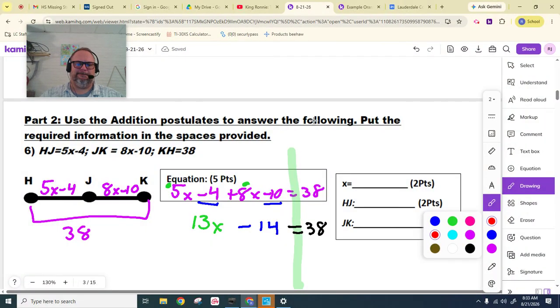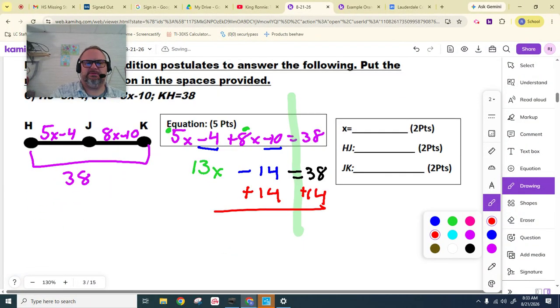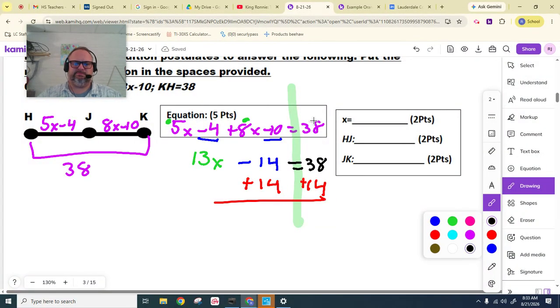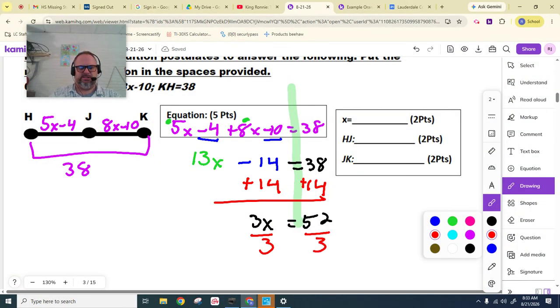All right, so is that 52? Yep. And then we're going to divide by 3.